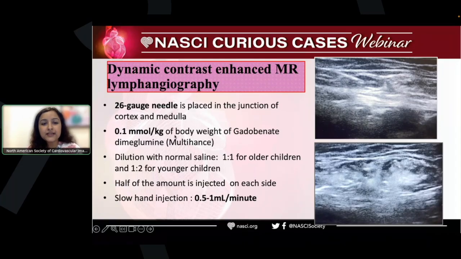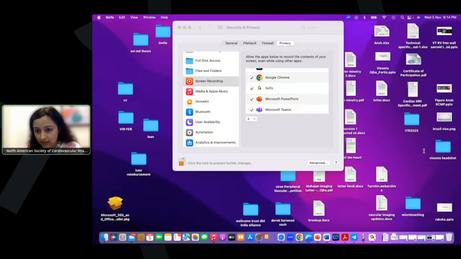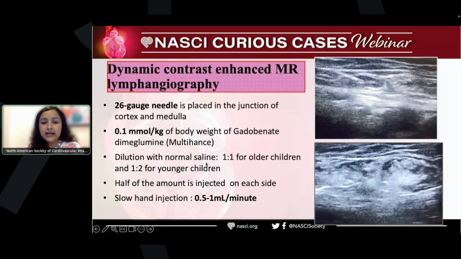But of course, it can be done with any gadolinium-based contrast medium. It is diluted with normal saline, and then you divide the entire contrast into half. Half you put in one side, half on the other side. Usually two operators work on either side because it has to be done simultaneously. Slow hand injection, 0.5 to 1 milliliter per minute.